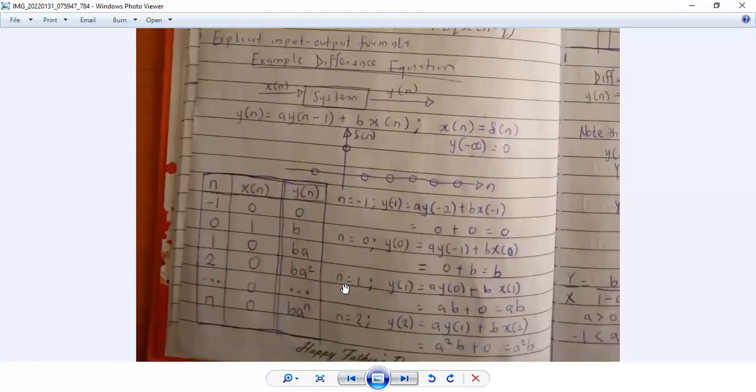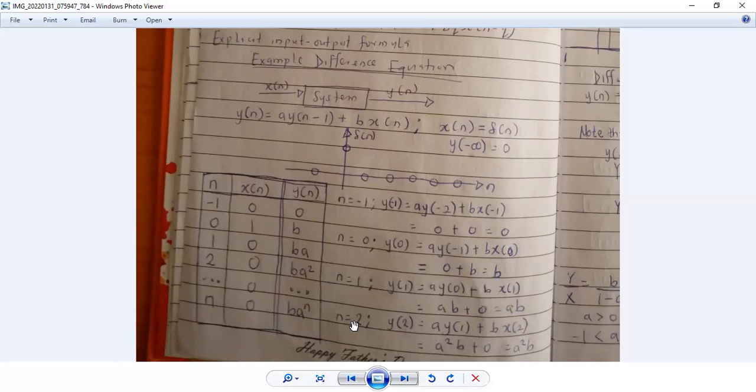Then when n is equal to 1, we just plug in 1 here. We arrive at this equation. Then y of 0 we got as b, so a times b is ab. Then x of 1 is 0. So at n equal to 1, the output is ab.